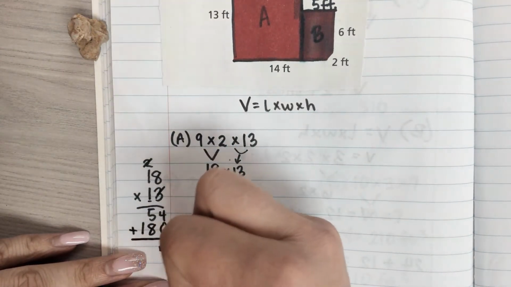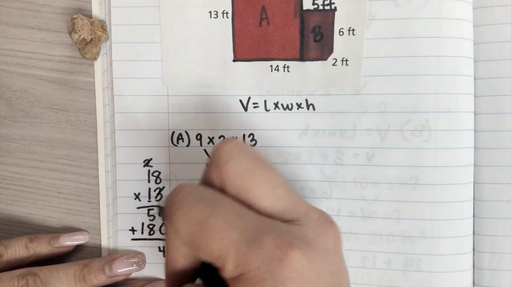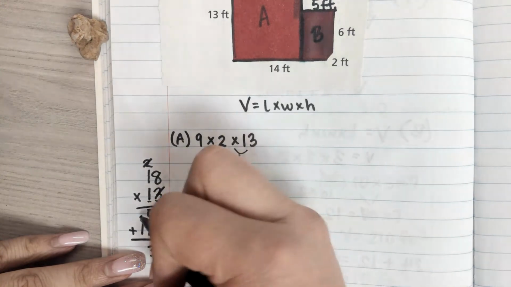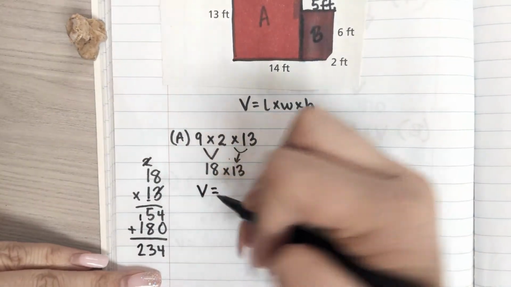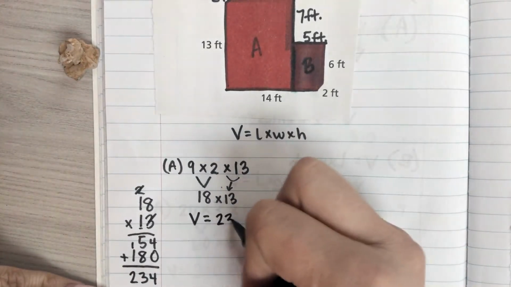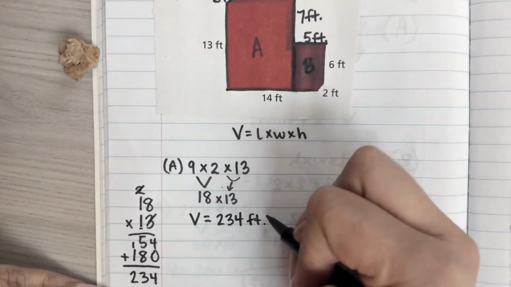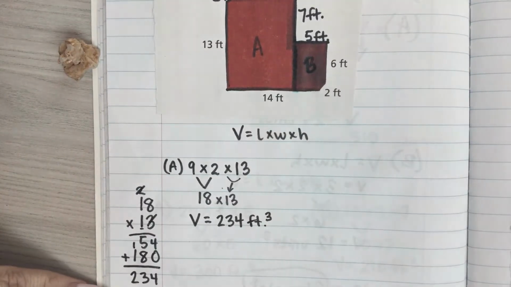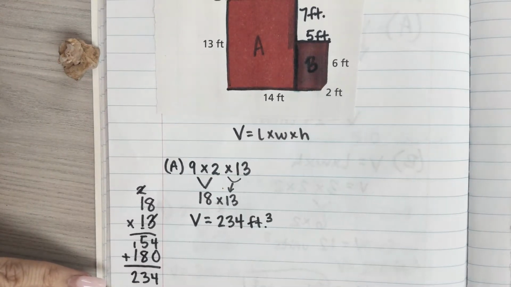Then we add these together. 8 plus 5, 9, 10, 11, 12, 13. 1 plus 1 is 2. So the volume for our rectangular prism A is 234, and don't forget our units here, it's feet cubed. We show that by that little 3. You can also write cubic feet, that is the same answer, so that works as well.